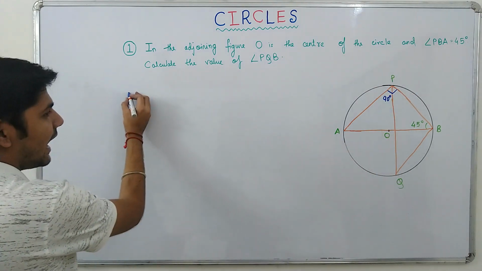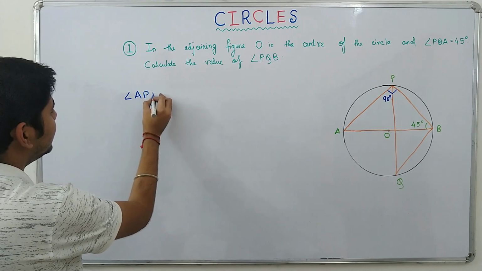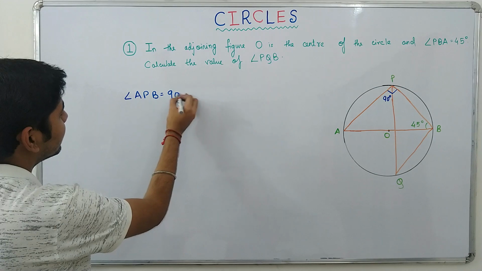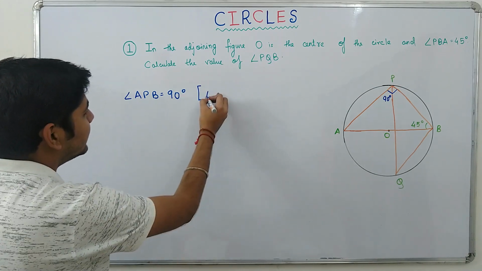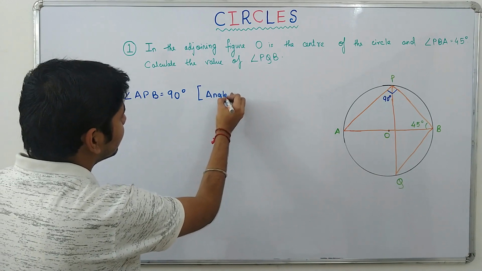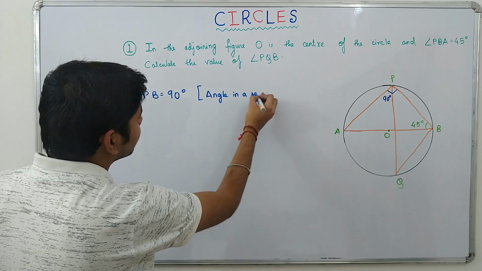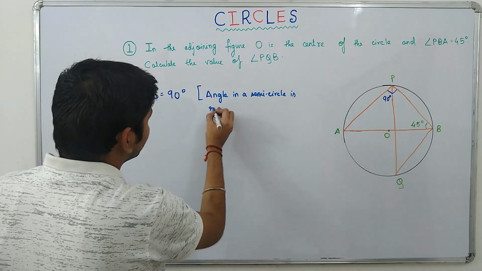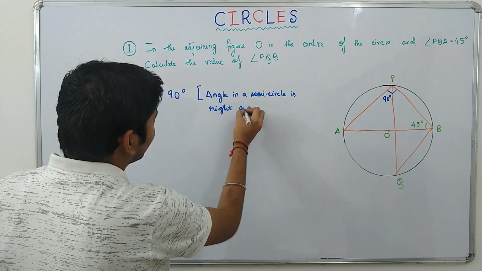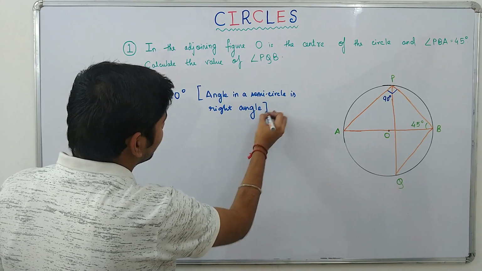Let me write it down that angle APB is equal to 90 degrees. And beside it, I will write the theorem that I have used, that is, angle in a semicircle is a right angle.